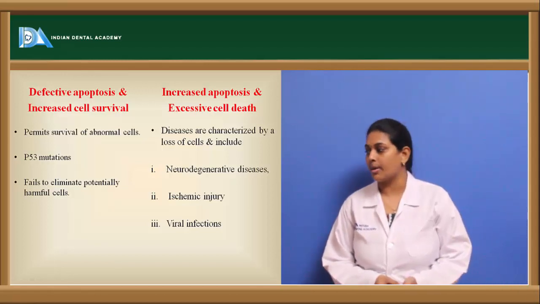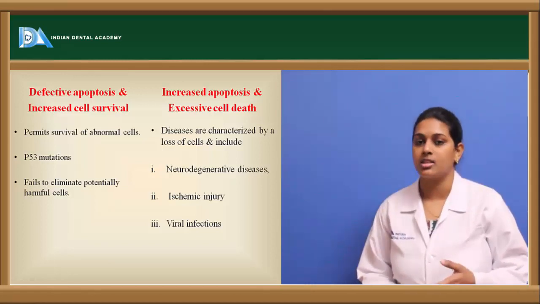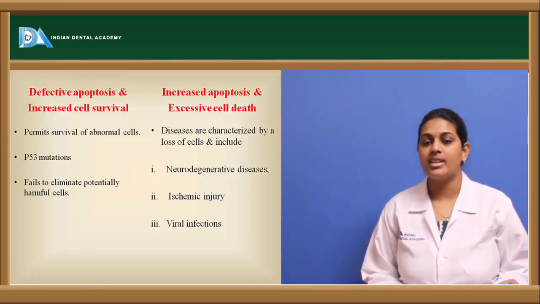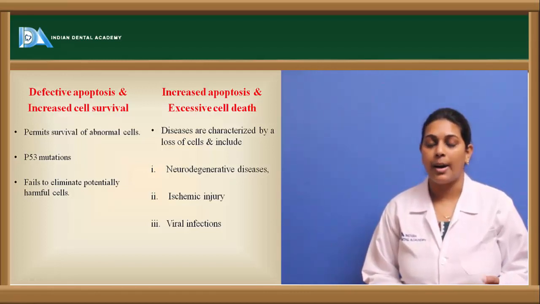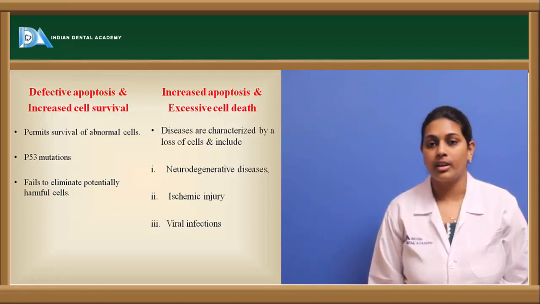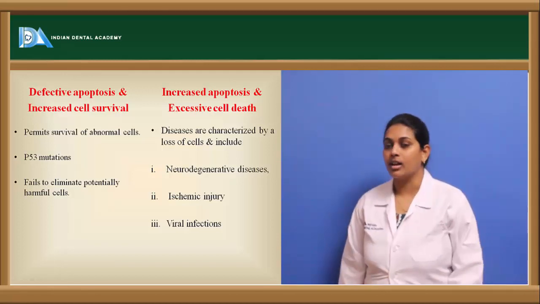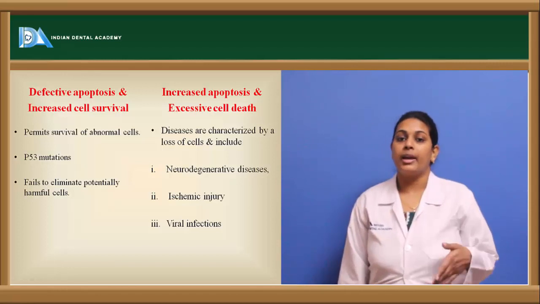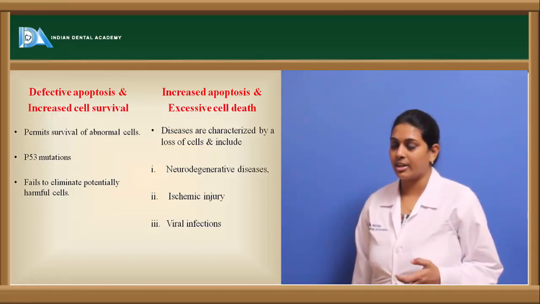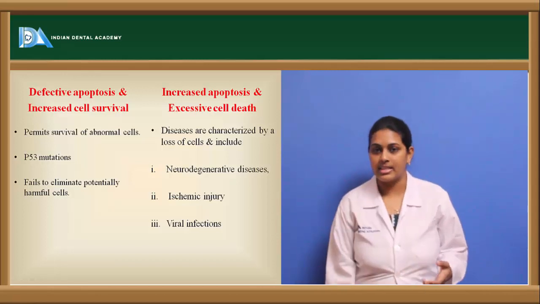Increased apoptosis can be seen in certain conditions like neurodegenerative diseases, that is when there is degeneration happening in a disease concerned with the nervous system, there will be increased apoptosis and increased cell death. Even in ischemic injury we see increased apoptosis.